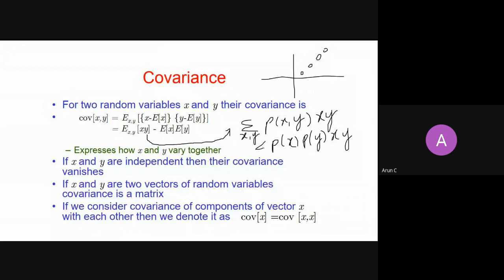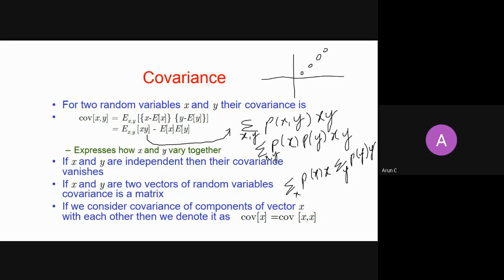So when you expand the summation over x and y, you have two different expectations. If you take x, it is summation of probability of x times x, and there is another summation, probability of y times y, and it is nothing but expectation of x times expectation of y.